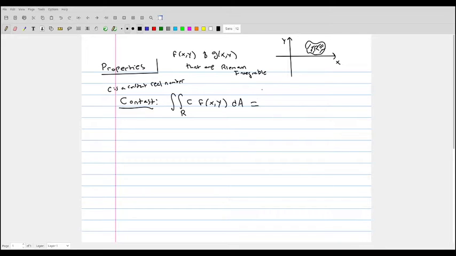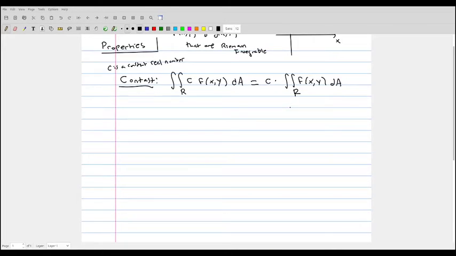This is the same thing as that constant c times the double integral of f. So we can pull constants out of the integration process, just like we can in single variable calculus.